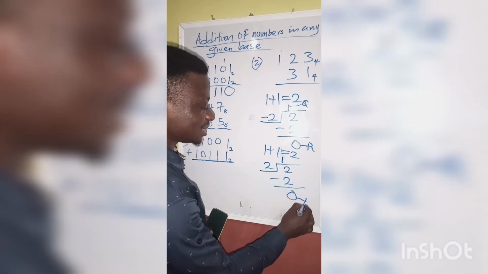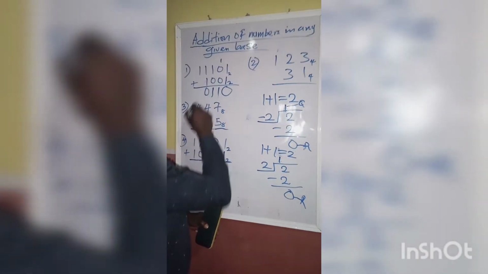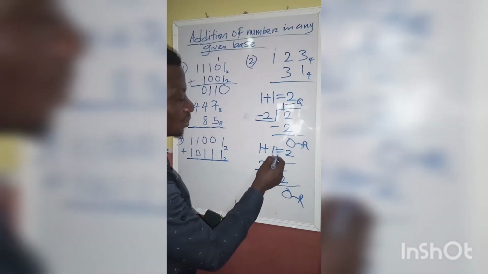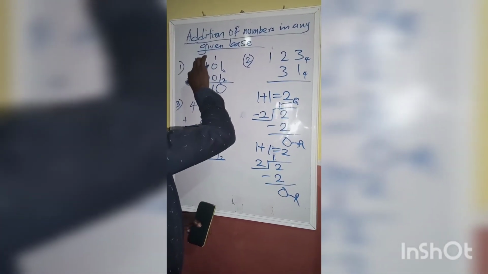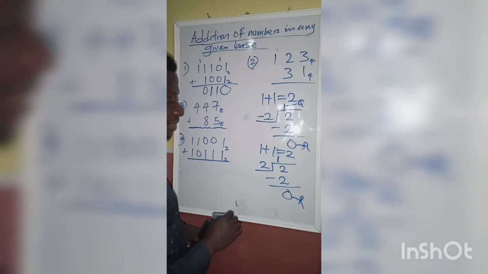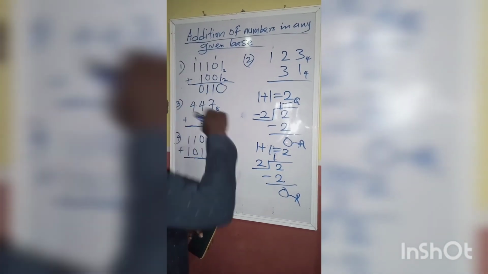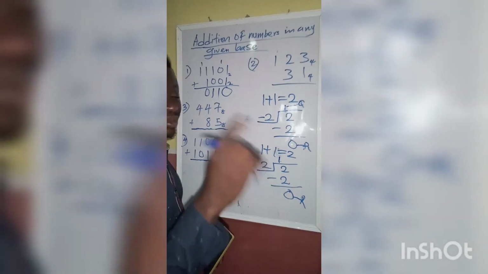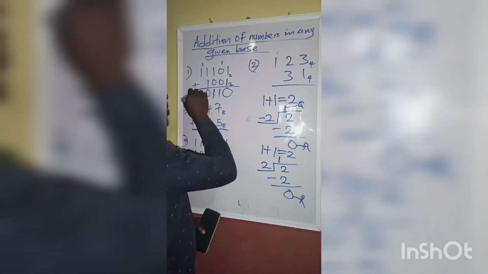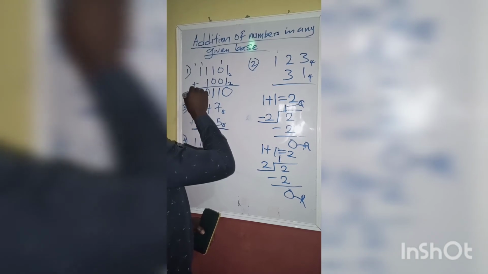This is the remainder, to be written here. Then you have your 1 placed here. Now, 1 plus 1, we have 2 again. How many times will the base go into that 2? We have 1. The remainder will still be 0. That 1 remaining here will then be placed here.